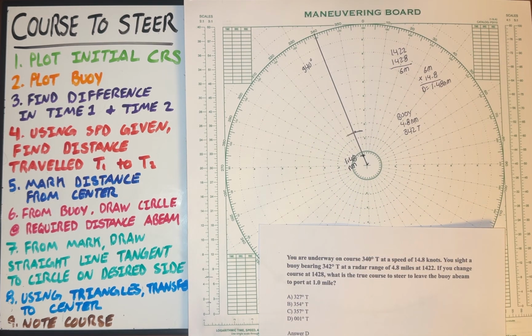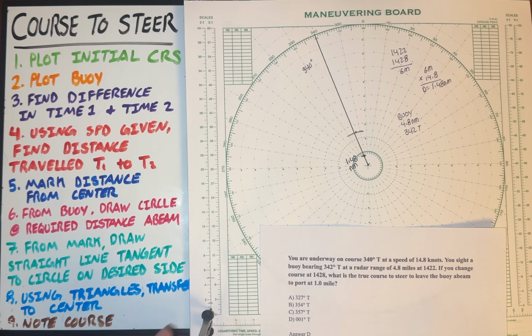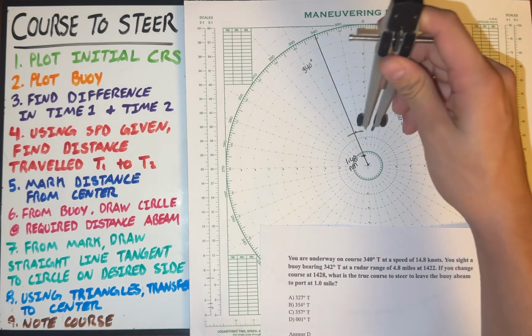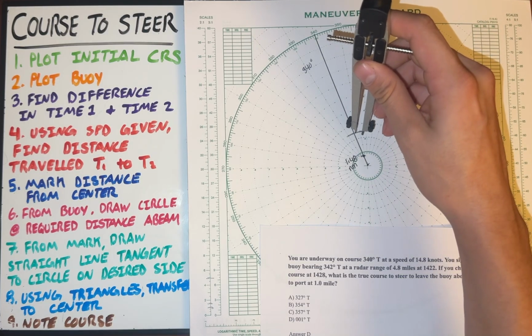Step 6, from the buoy, draw the distance required abeam. We want a distance of 1 nautical mile. So again, with the dividers, bottom left scale, get as close as you can to that 1 mile. We will draw the circle around that buoy for that 1 mile mark.